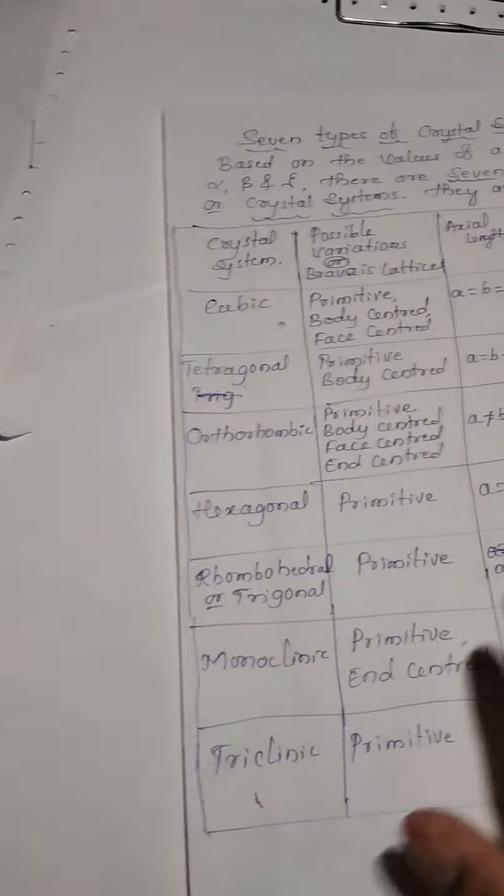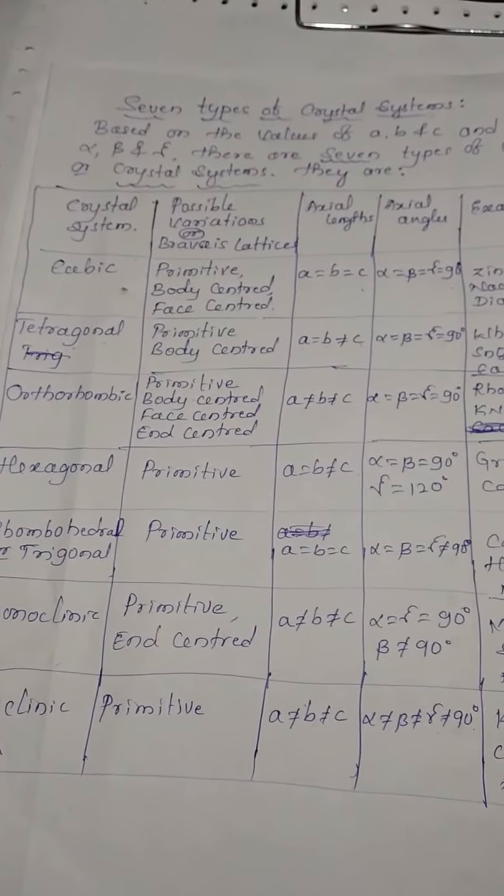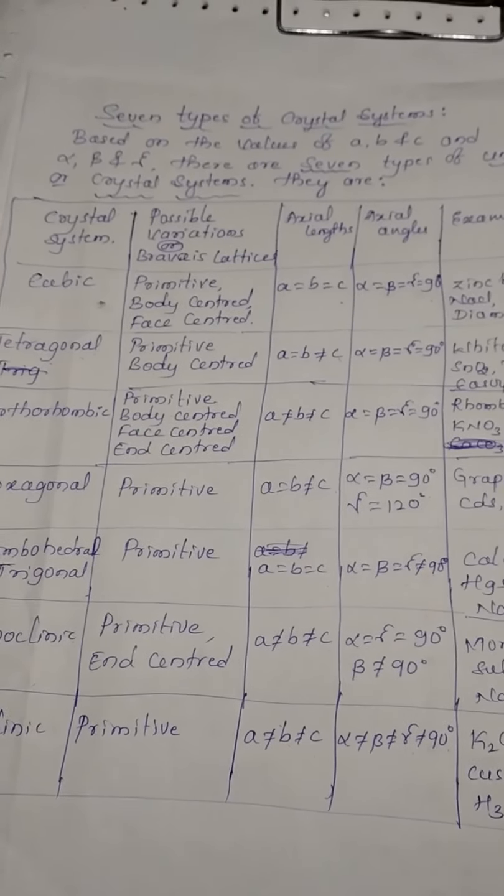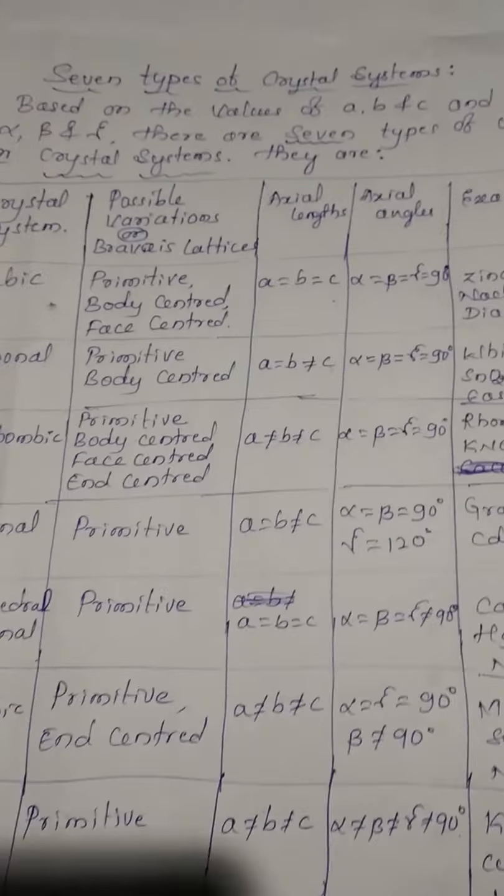Next we are going to study about the 7 types of crystal lattice. See here, 7 types of crystal systems based on the values of a, b and c and alpha, beta, gamma.